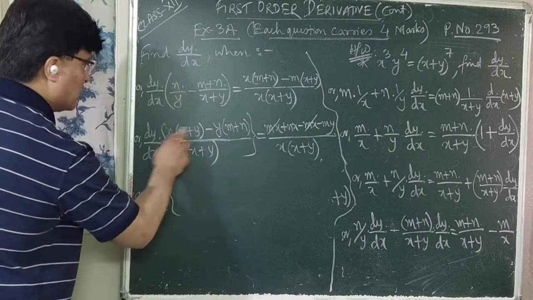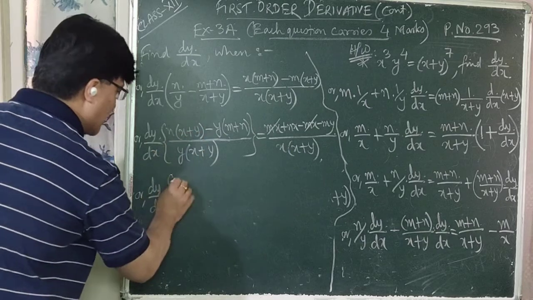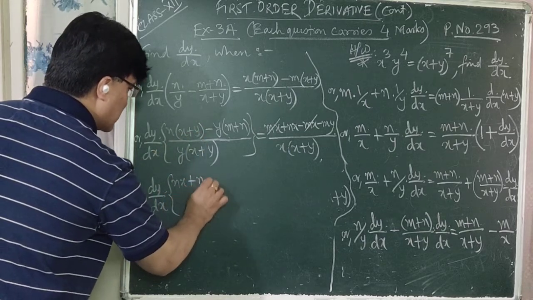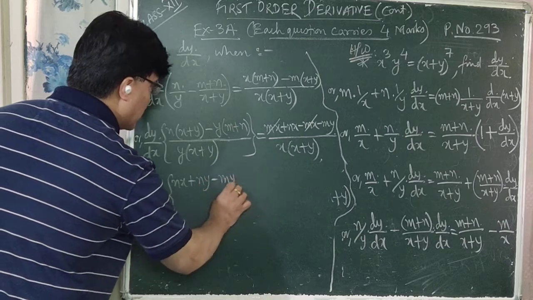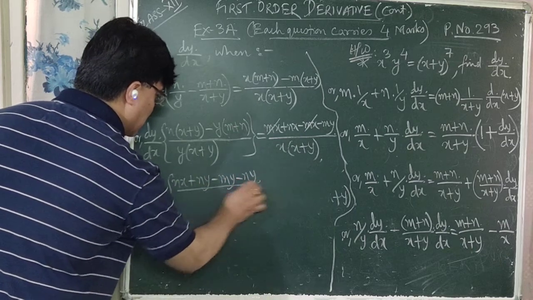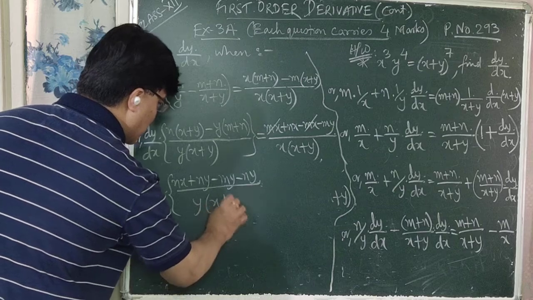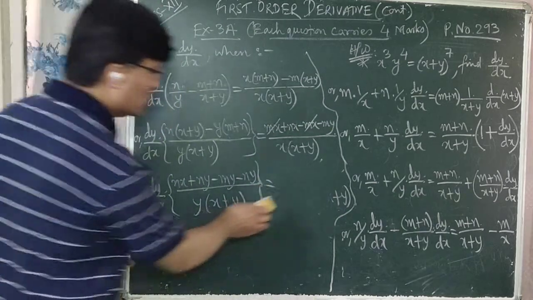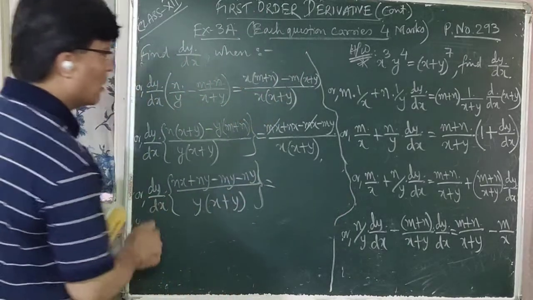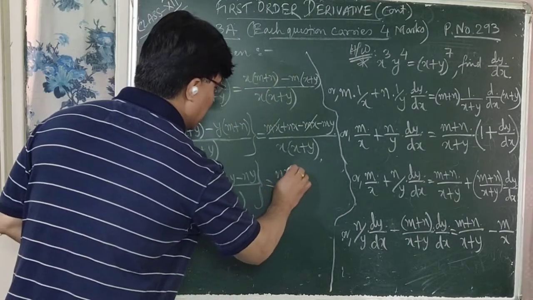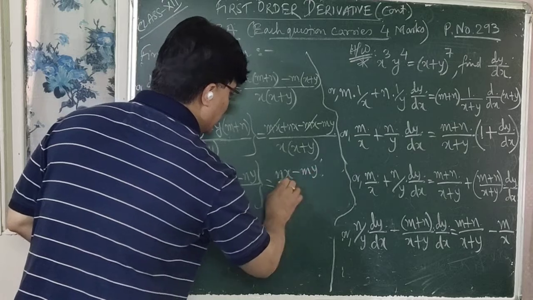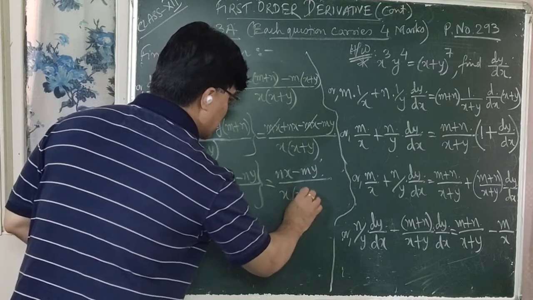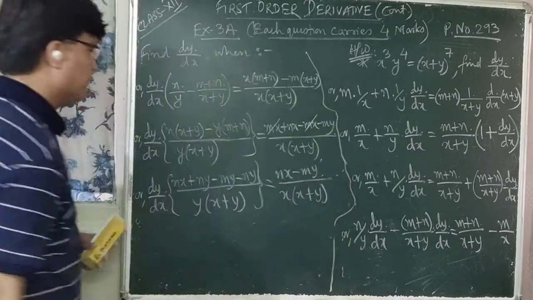Now within second bracket, multiply here the numerator: n into x, nx plus ny minus my minus ny. Divided by y into x plus y. Second bracket is closed, which is equal to, now on the right hand side it is nx minus my whole divided by x into x plus y.